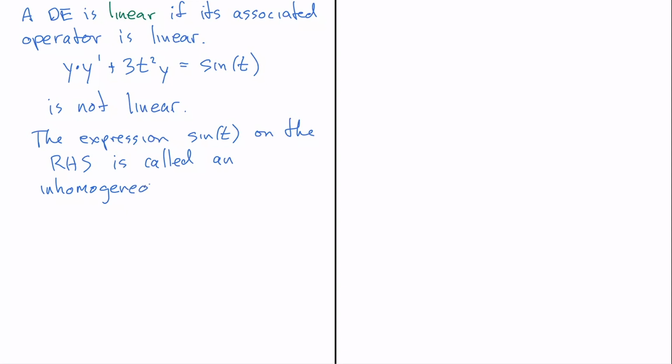Now, if you remember having heard the word inhomogeneous in your linear algebra class when you talked about Ax equals b, b was the inhomogeneous term. That is exactly the same notion, but that may not be obvious to you at this point. But we will see that throughout the course. So an expression like sine of t is always called an inhomogeneous term.